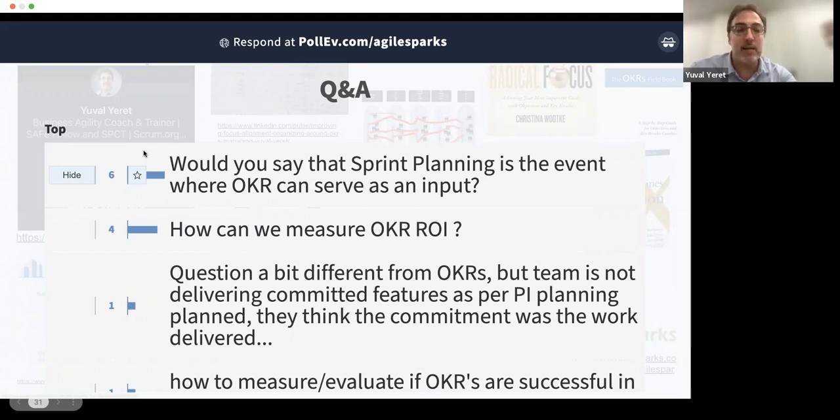Sprint planning is not a prioritization event. It's a planning event. So OKRs are indirectly input in the sense that they should inform product owner decisions around priorities in the product backlog. But it's not the main place where we discuss OKRs. I hope that makes sense.